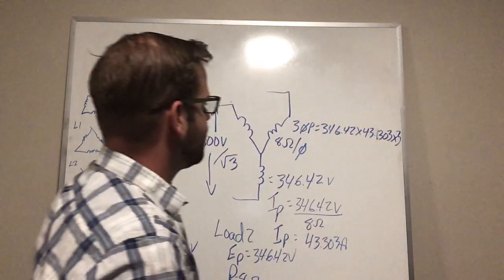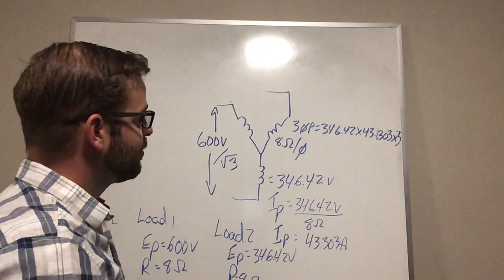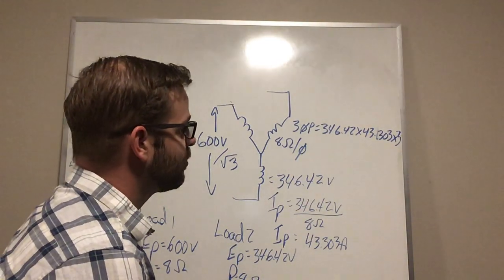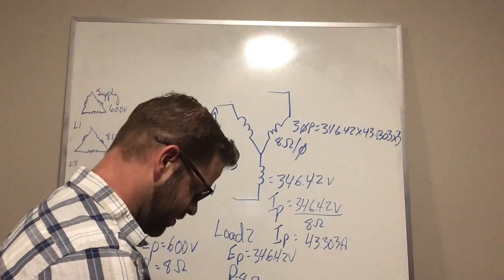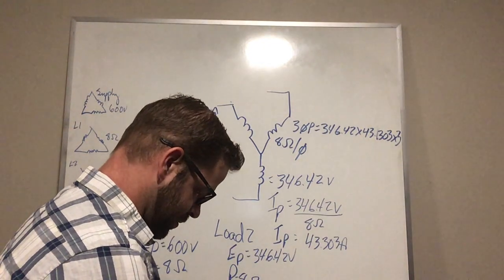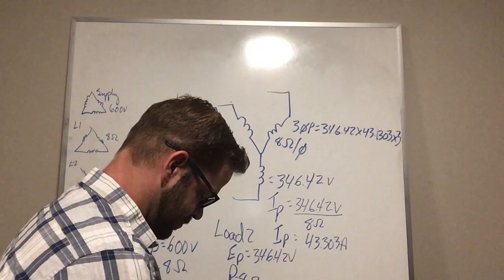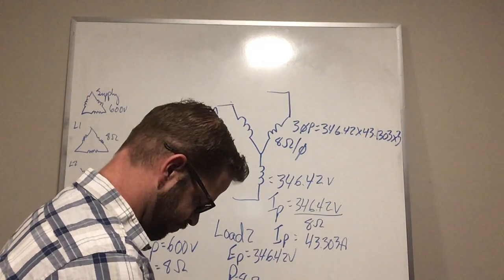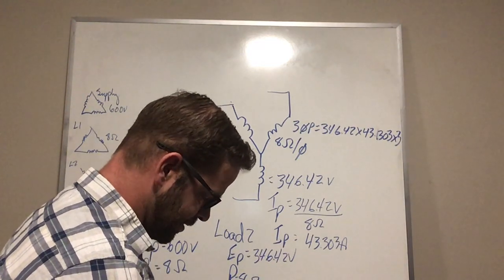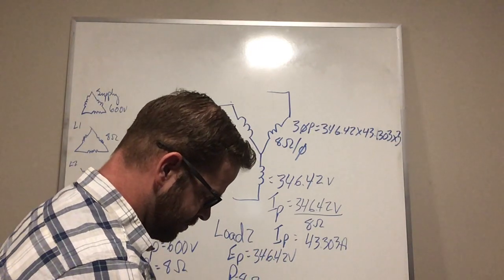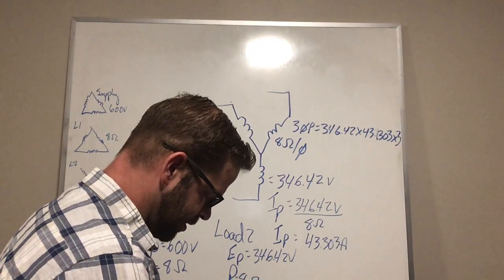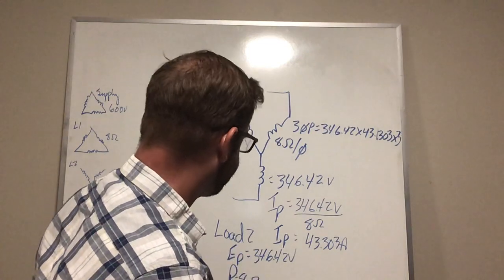I know that's kind of getting off the board there. But 346.42 times 43.303 times 3, and we get 42.003 kVARs.